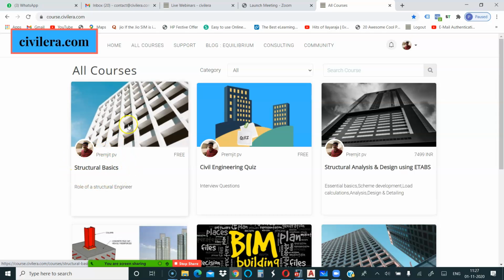I am not exactly remembering if that particular topic is covered, but there are many things on structural scheming here. Durability aspects, strength aspects, stability aspects, all these are covered. I think even the slab sizing is covered in this course. You can have a look. I think it's available in that.